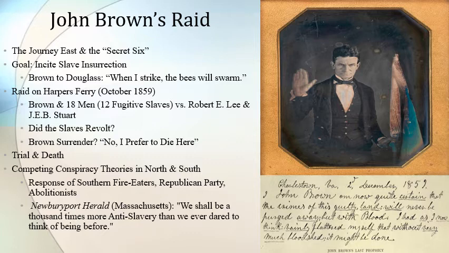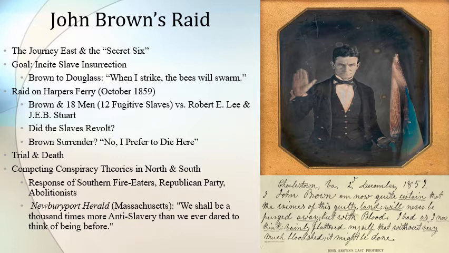But we also see conspiracy theories brewing in the North as well. And proof of this is, for instance, in one of the newspapers that I have quoted on the screen here. Because what we are going to see is, as these conspiracy theories were rising in the South, Republicans also pointed to various events in recent history to highlight what in their mind was a different kind of conspiracy.